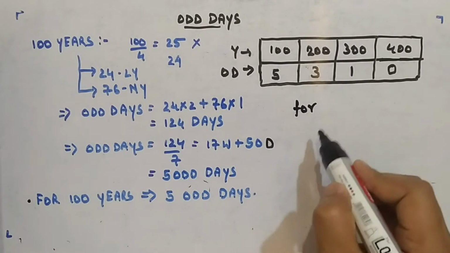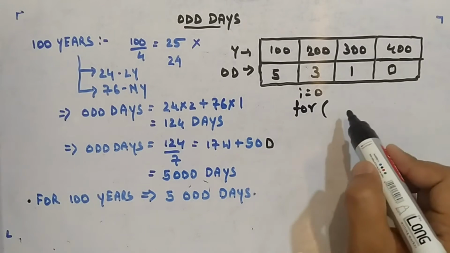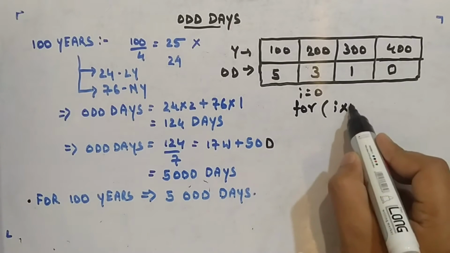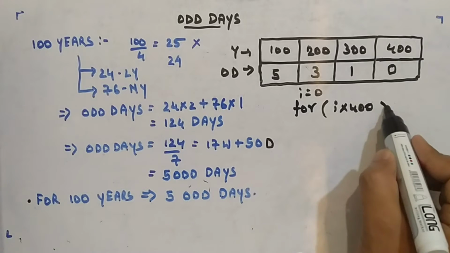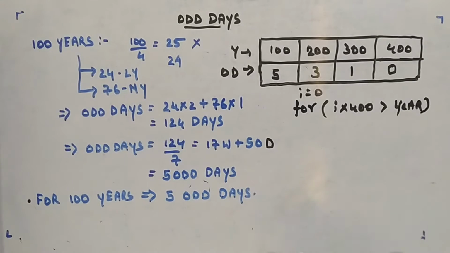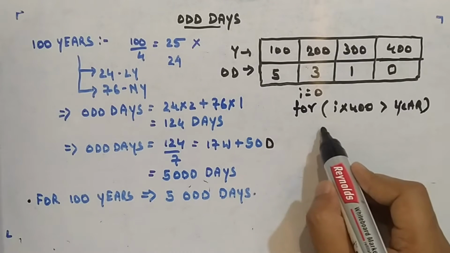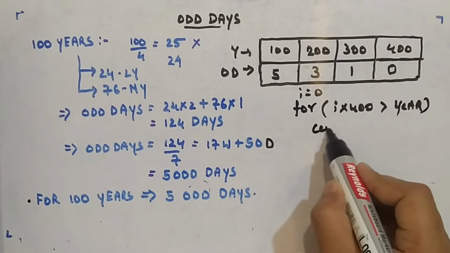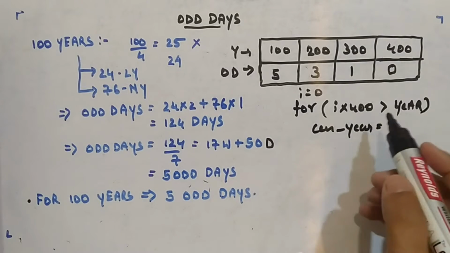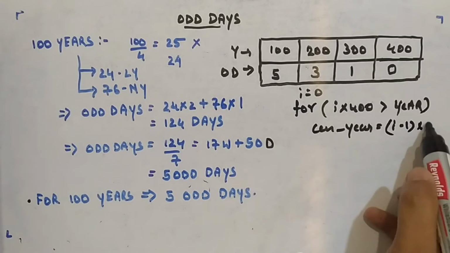a for loop. Okay, i is equal to 0, let's say, and I'll run it in multiples of 400. So i into 400, if it is greater than my year, then it will go inside, it will save century year is equal to (i minus 1) into 400.